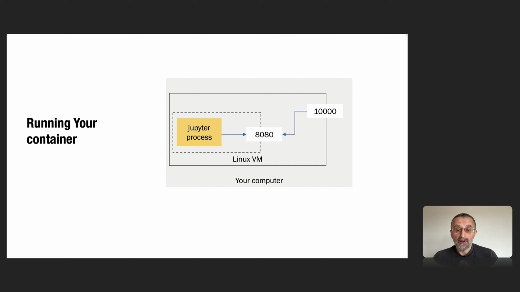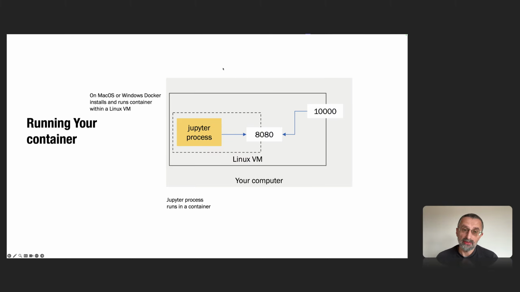Then when you run your container on your host, whether it's a local machine or some remote machine, on macOS or Windows, Docker installs and runs the container within a Linux virtual machine. On Linux it's not needed, because it is Linux itself.